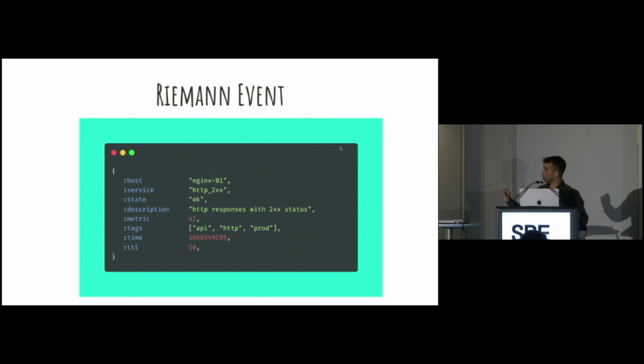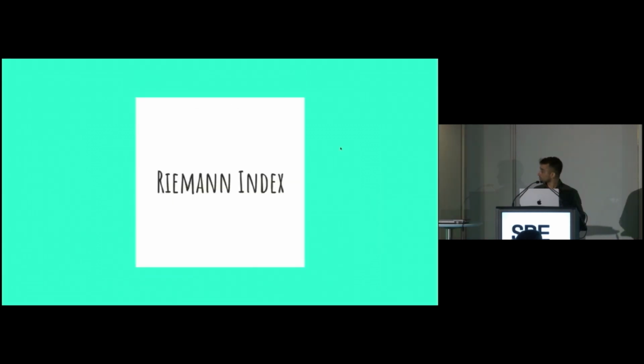We will see how Riemann uses this TTL field in further slides. Then there is something called description. Description, as the name suggests, is just a description about the metrics. Some people use it for storing, let's say, a stack trace. When an exception happens, that stack trace can be stored as part of the description. So it depends on the use case.